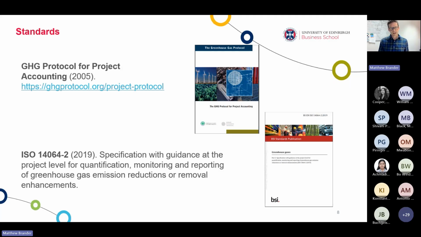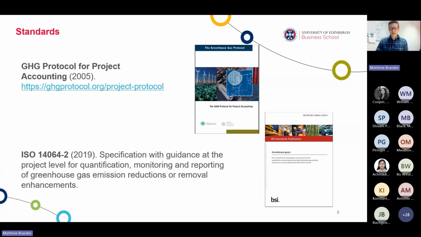We have things like the Greenhouse Gas Protocol for Project Accounting, which was published all the way back 20 years ago in 2005. We also have the ISO standard 14064 Part 2, which talks about project level quantification. That standard was last updated in 2019. It is actually now open for revision at the moment. So ISO is currently working on a revision.